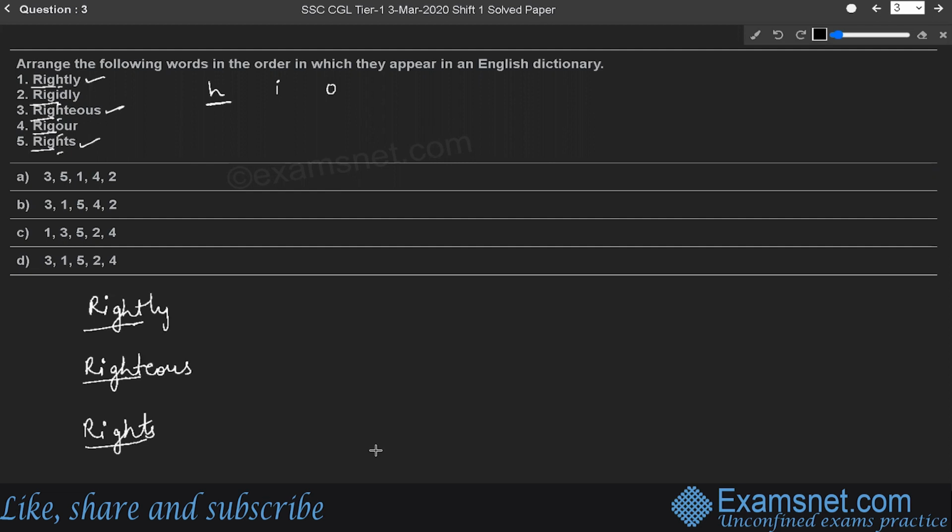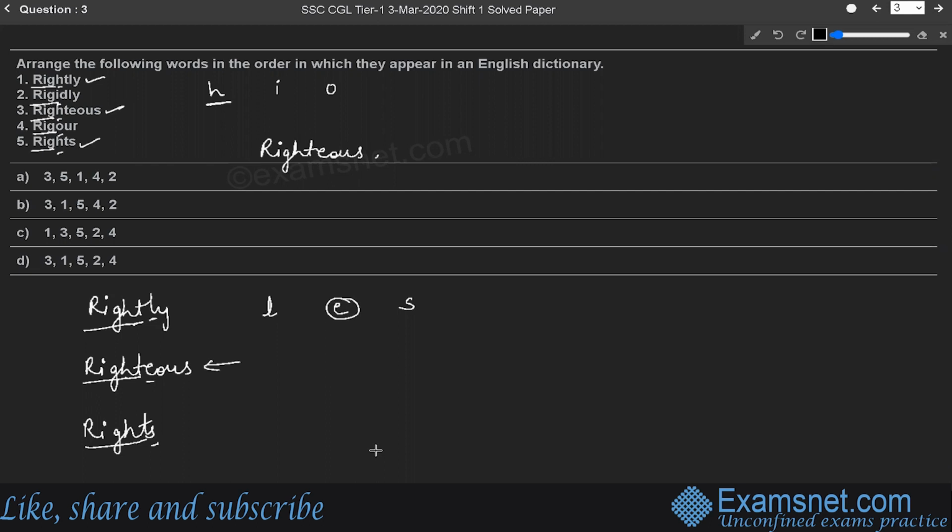So we have to look for the next letter. The next letters are L, E and S. So now we can see that the letter that comes first in alphabetical order is E. So the word that has E after T is righteous. So the first word will be righteous.